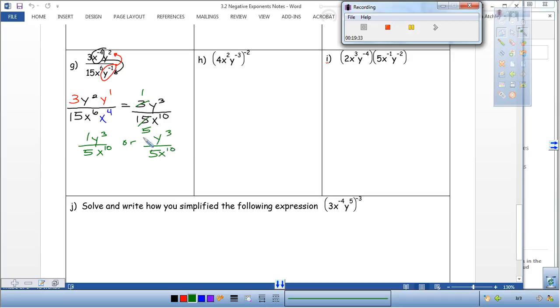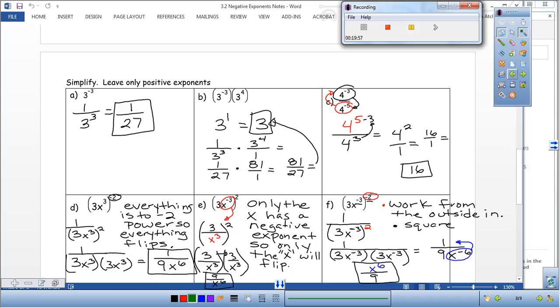You don't necessarily need that 1 in front. If you have it, you're not wrong. This just looks better. Any questions over that? Okay, everyone does H on their own. H, you're going to follow this idea first.